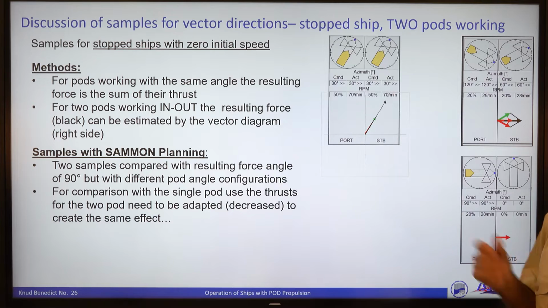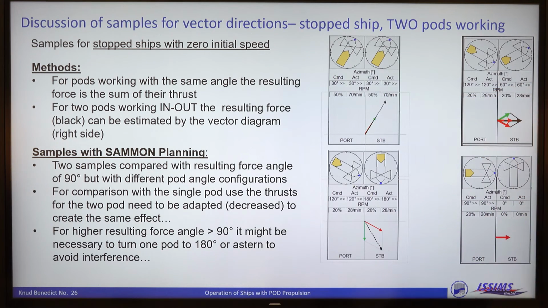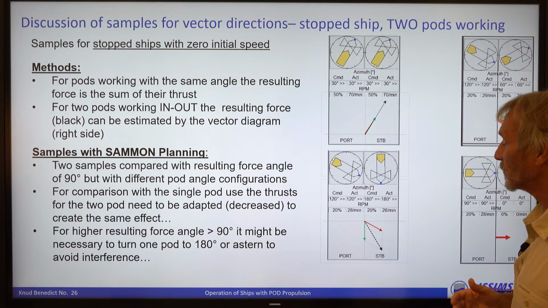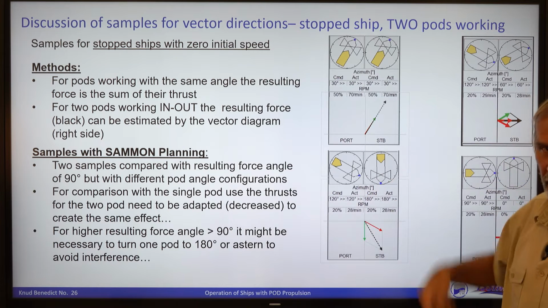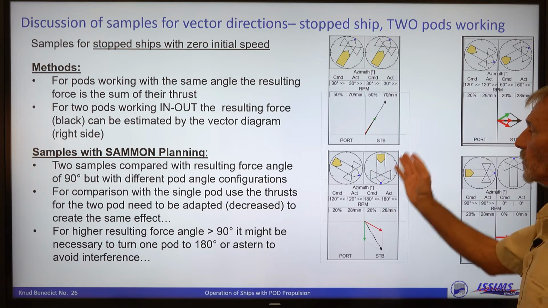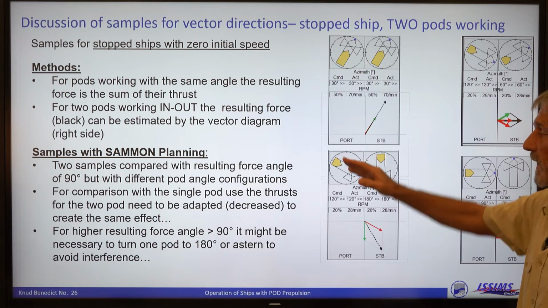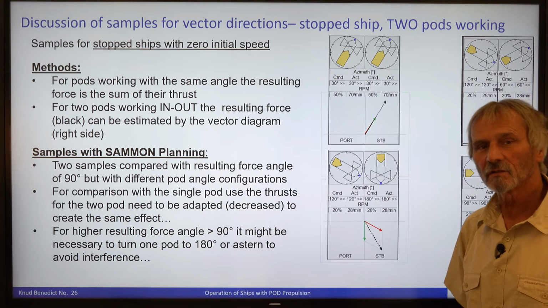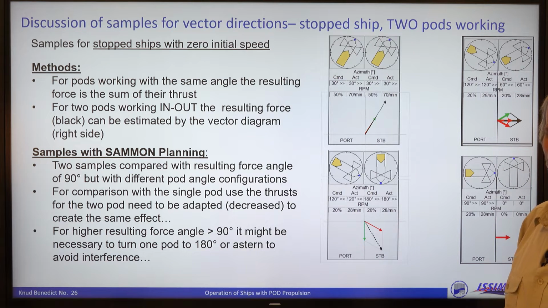So we might need an adjustment. And for higher resulting force angles, so if you want to create a resulting total force more pointing to the aft, then it might be of some advantage if you turn one pod to a stern mode and the other one to the in configuration, to create any desired angle of the pod you might need.